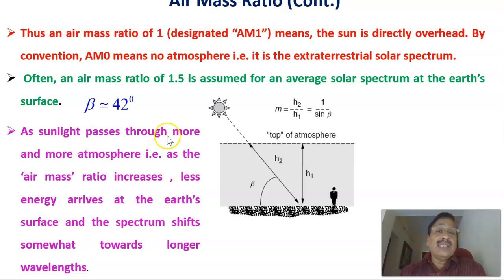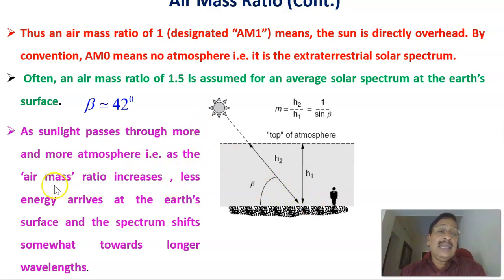Therefore, as sunlight passes through more and more atmosphere, that is, as the air mass ratio increases, H2 increases because beta is reducing. If beta reduces, the light has to pass through more atmosphere.